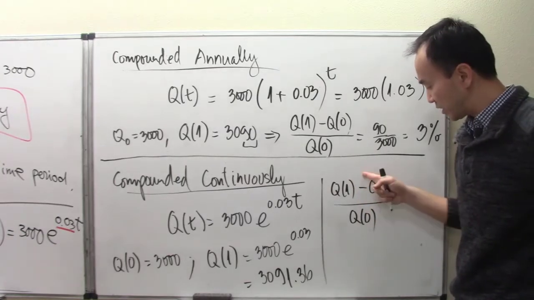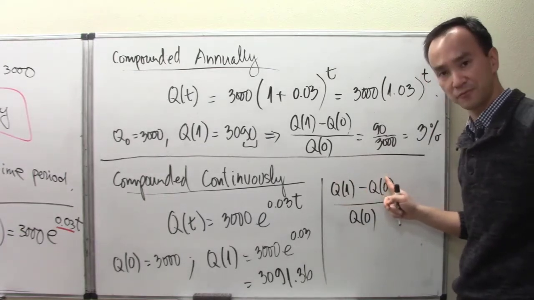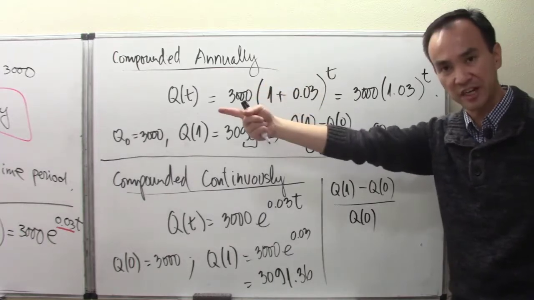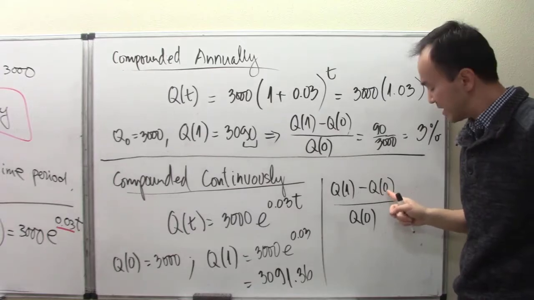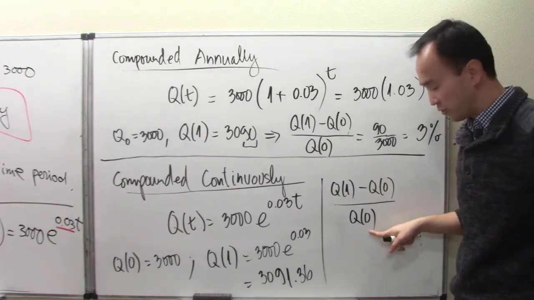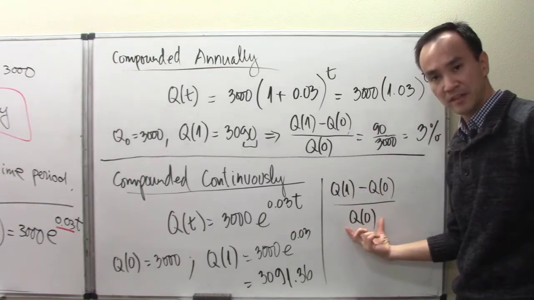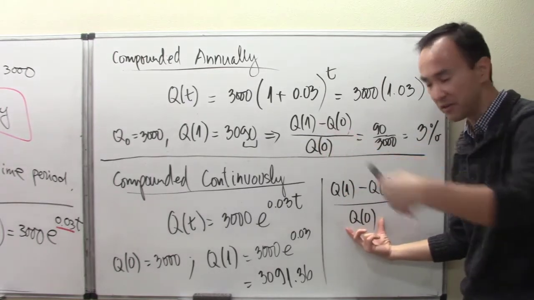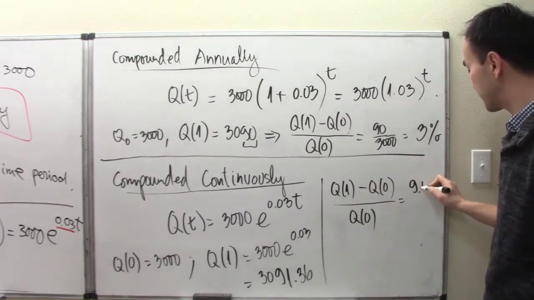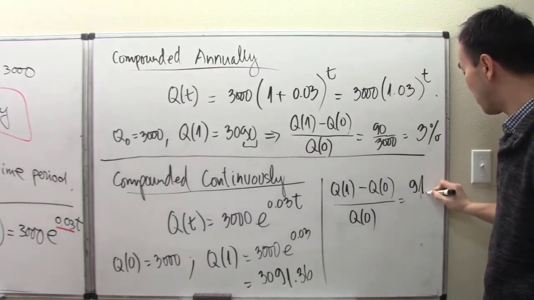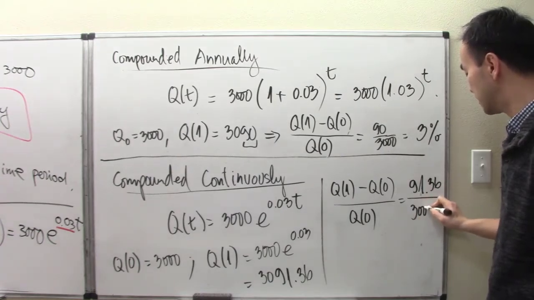And then we divide that by the amount that was there in the previous time period, because it makes sense to measure the yielded amount over the amount from the last period. And so it's really $91.36, and we put that over 3,000.